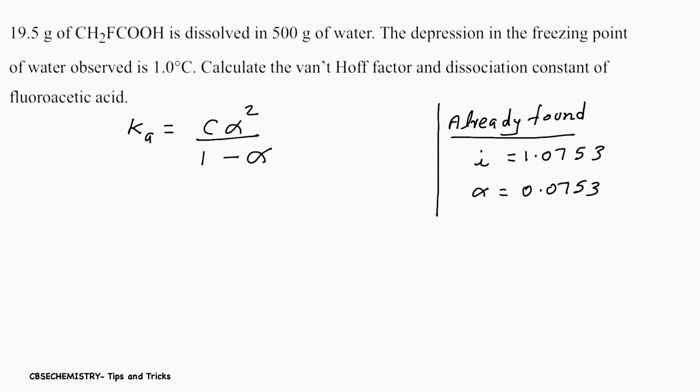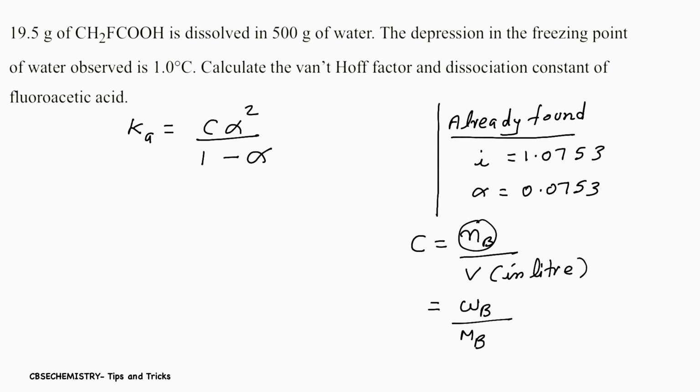What is C? Molarity. What is the equation for molarity? Number of moles of solute by volume of solution in liter, right? Now what is number of moles? Number of moles means mass of solute by molar mass of solute. So nB is WB by MB into volume in liter, right?